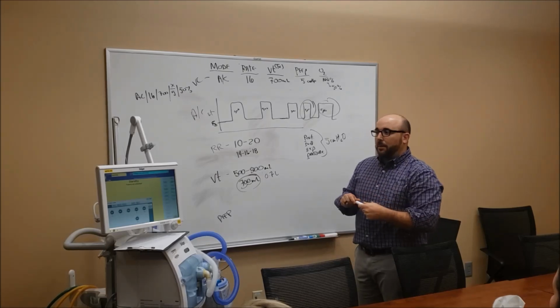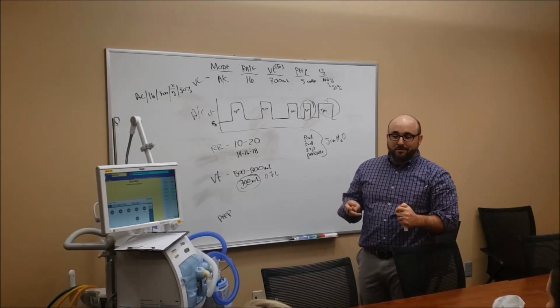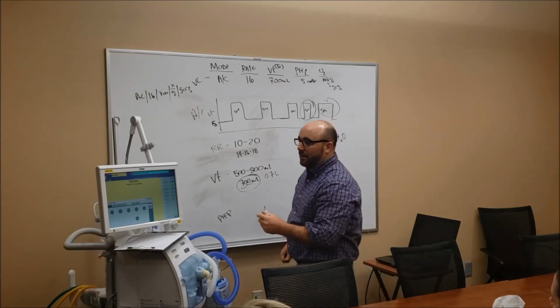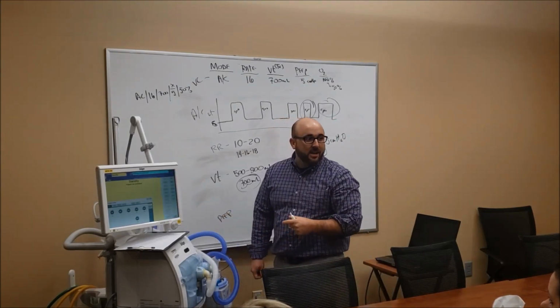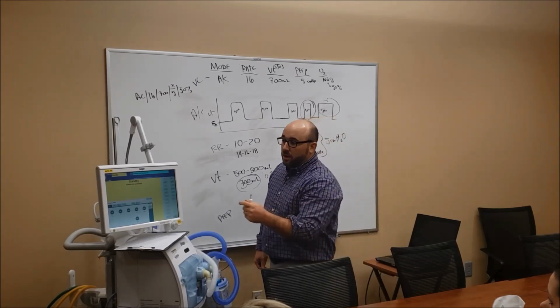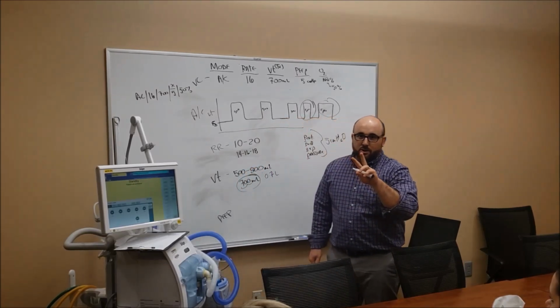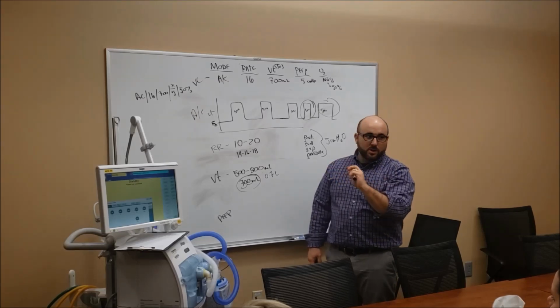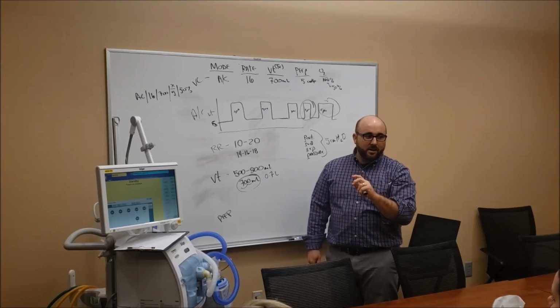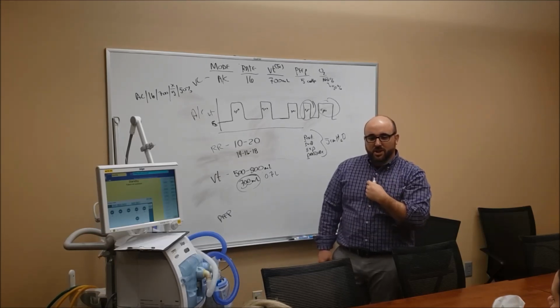They may ask you how many breaths the patient is taking on their own. There are two ways to get their total respiratory rate. One is the monitor. The other one is the vent. Which is more accurate? Always the vent. The monitor is just from a chest lead.